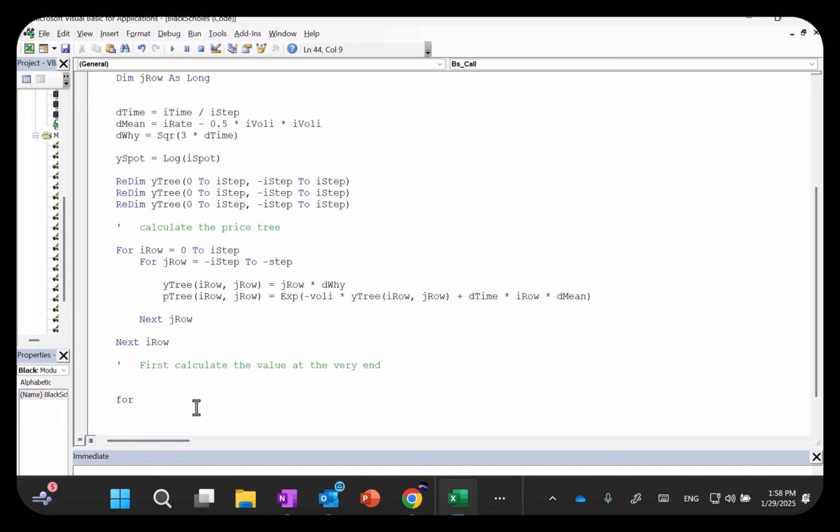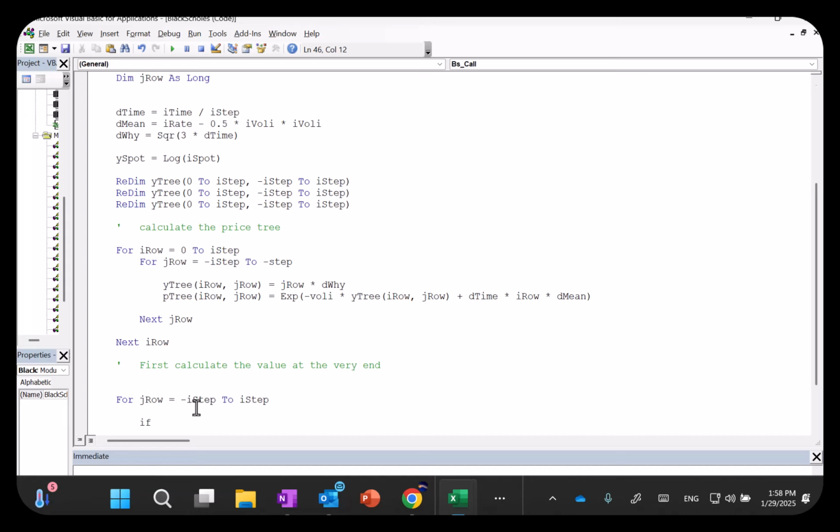So for J row equals negative I step to I step. So if I step is 100, from negative 100 to 100, including 0 in there, I'm going to calculate the value of the option, okay?